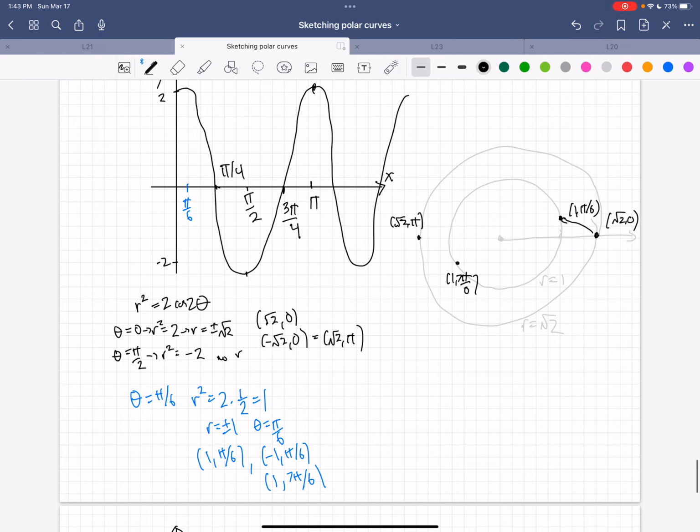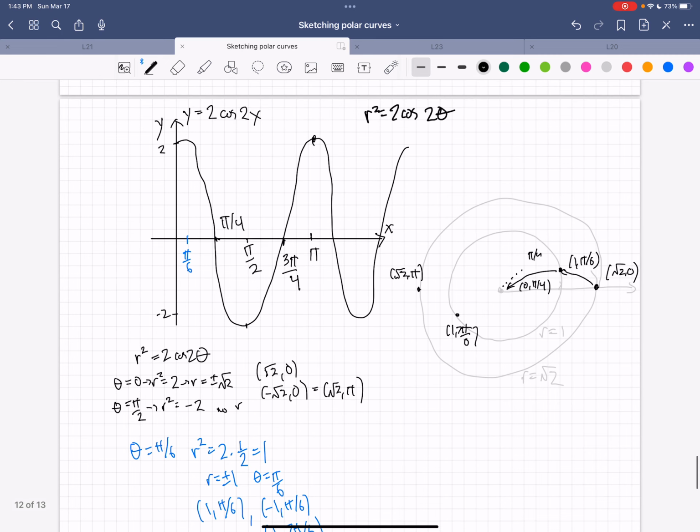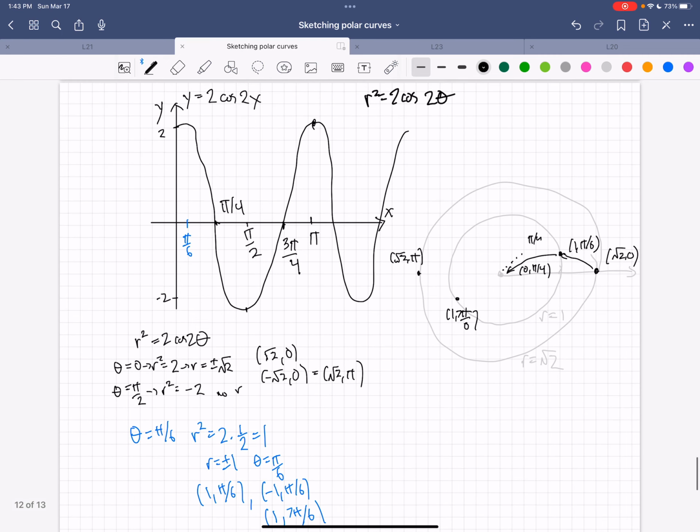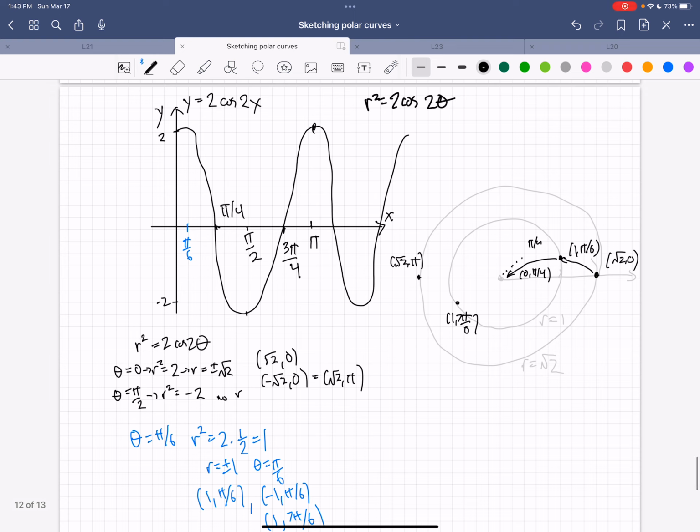So we know that at pi over 4, we're going to go back to 0. And then we can't look at any of those angles between pi over 4 and 3 pi over 4, because we get those negative values for 2 cos 2 theta. But then we can start looking at the ones above the x-axis again. So let's say we're looking at 5 pi over 6.